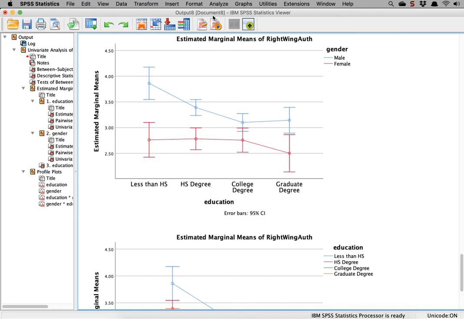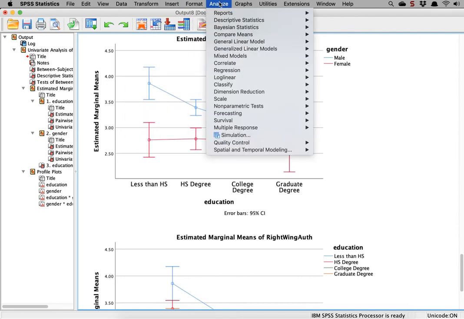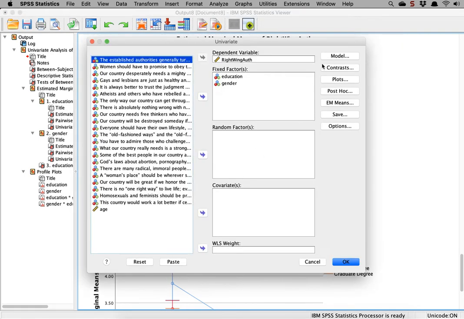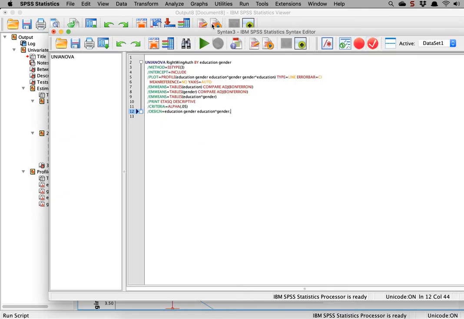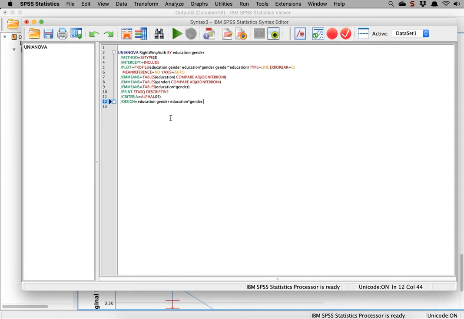You can't get the simple effects analysis from the menu, but you can get it from the syntax. So if I go back to my analysis, univariate, and instead of just hitting OK, I hit paste, it's going to open a syntax window. Field will tell you this, but what I'm really wanting to probe is this interaction between education and gender.